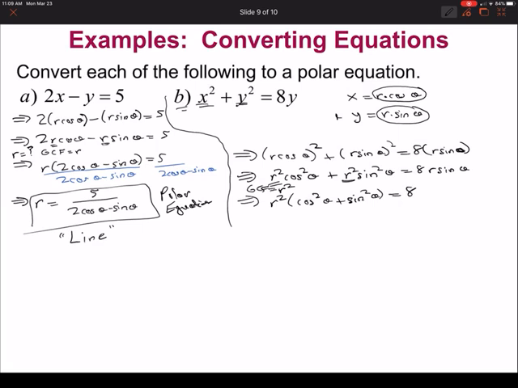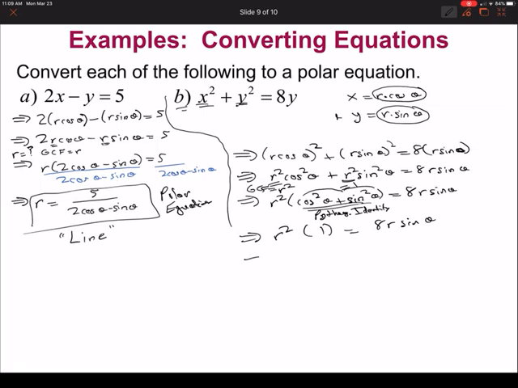Well, we all know what that simplifies to. That's our fundamental identity in trig. That's our Pythagorean identity, right? Our Pythagorean identity states that sine squared plus cosine squared simplifies to 1. So that's r squared times 1 equal to 8r sine theta. So again, using my Pythagorean identity, that equals 1.